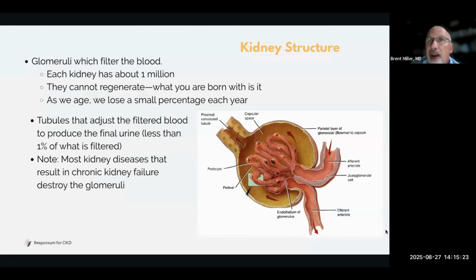And because they're 85, their eGFR and their creatinine is slightly abnormal. And then somebody tells them, well, you have CKD. We'll talk about that in a minute. But what we really want to pay attention to is, do you have a disease process that damages these glomeruli that's going to result in markedly decreased kidney function and perhaps kidney failure? Next slide.